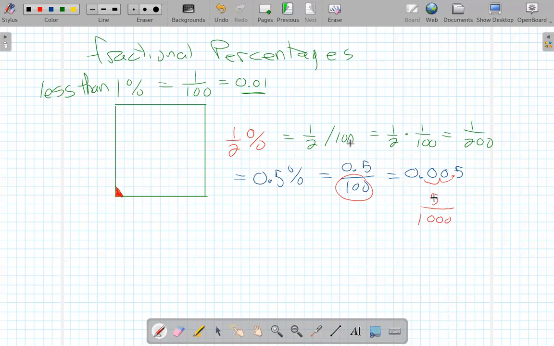How many times is 5 going to 1,000? 200 times. So there are fractional percentages. And so if somebody asks me, what is 1/2% as a decimal, or what is 0.5% as a decimal, I would say 0.5% as a decimal is 0.005, right?